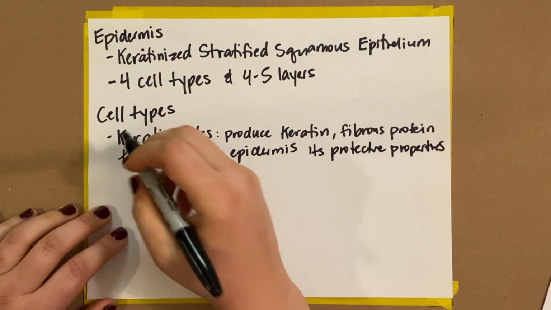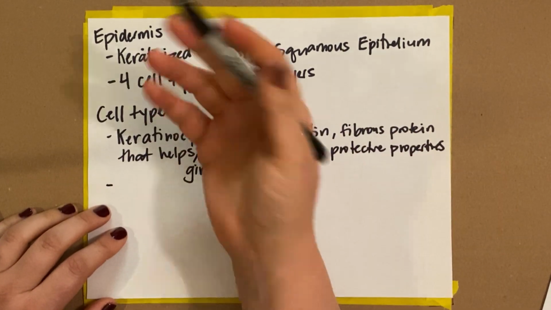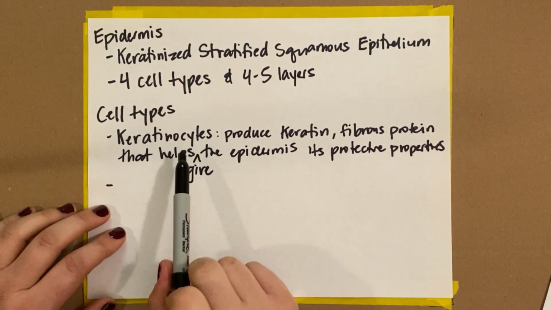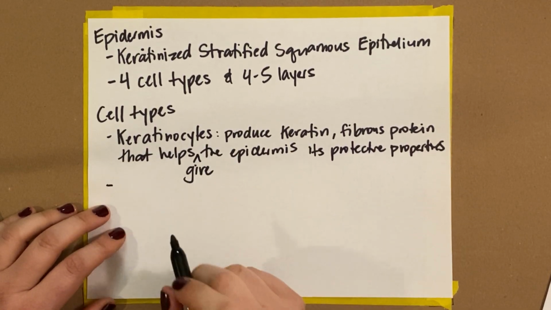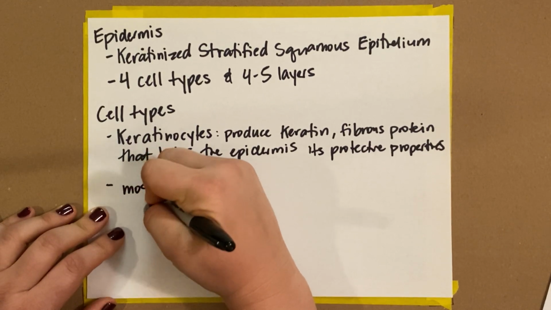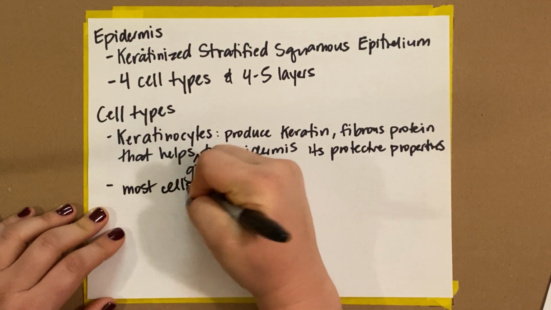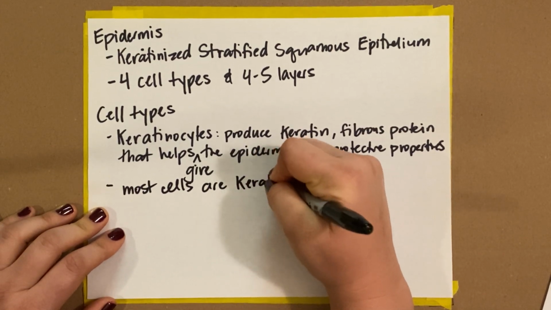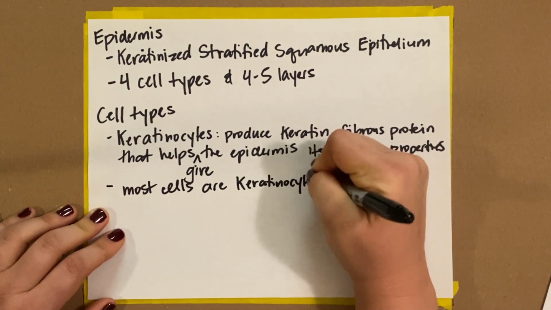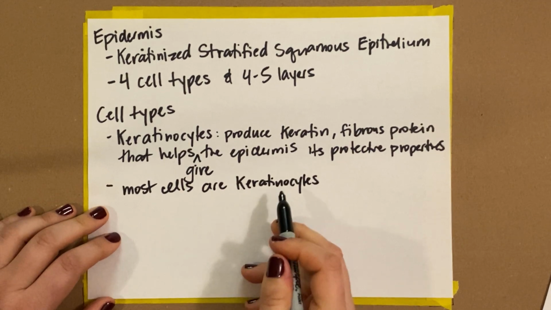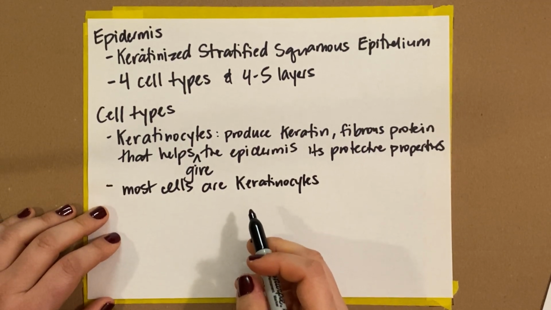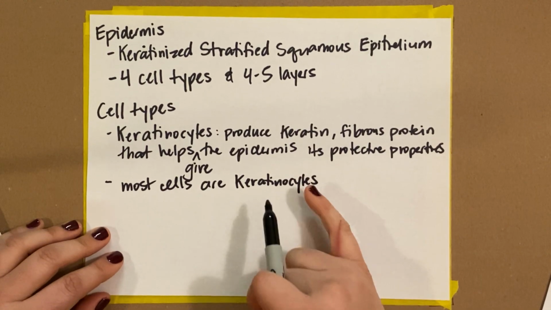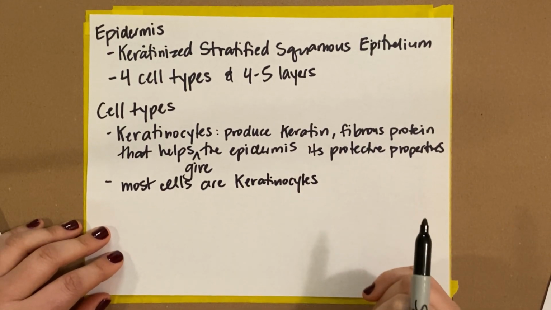Okay. In the epidermis, most of the cells are going to be keratinocytes. Okay, so this is the majority of the cells you're going to see in the actual skin. The epidermis is going to be these keratinocytes.